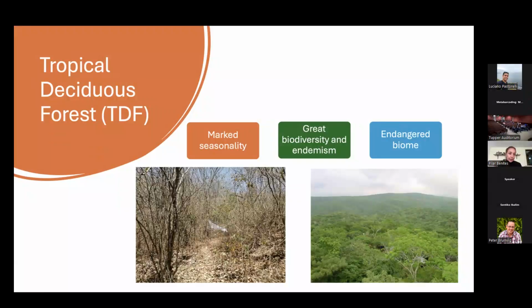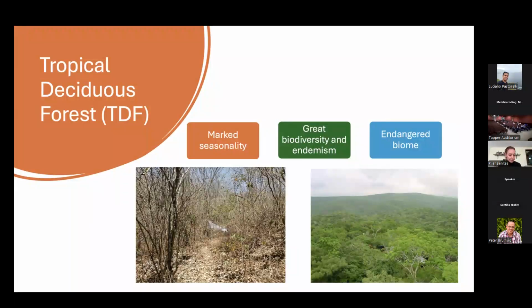In North America, tropical deciduous forests, or TDF to shorten it, are mainly distributed along the Pacific coast, with some isolated patches in Veracruz and Yucatan. Like I said, the diversity in this forest is very high, and its endemism is also very high.